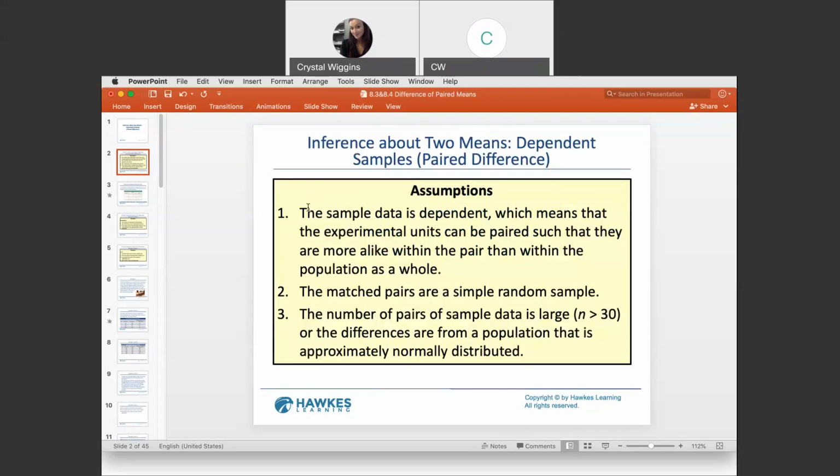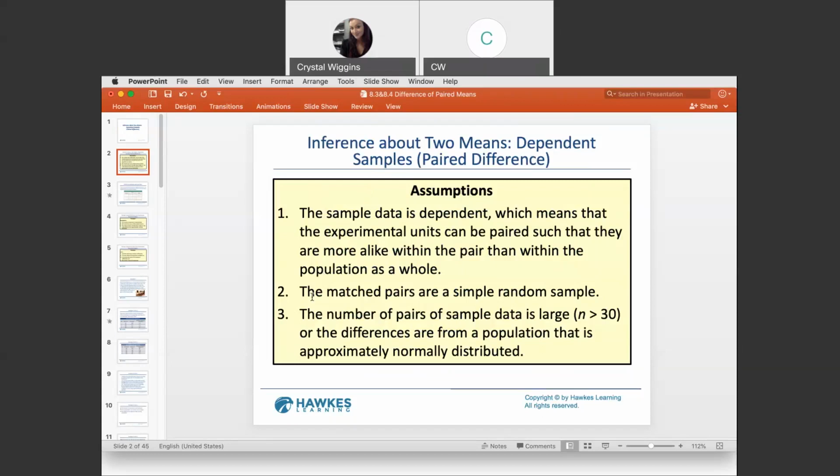So the first assumption that we need to make is that the sample data is dependent, which means that the experimental units can be paired in such a way they are more alike within the pair than they are within the population as a whole. Now, that doesn't make a whole lot of sense, but when we start doing these examples, I'm hoping that I can really shed some light on this for you and show you why it's paired and considered a dependent sample.